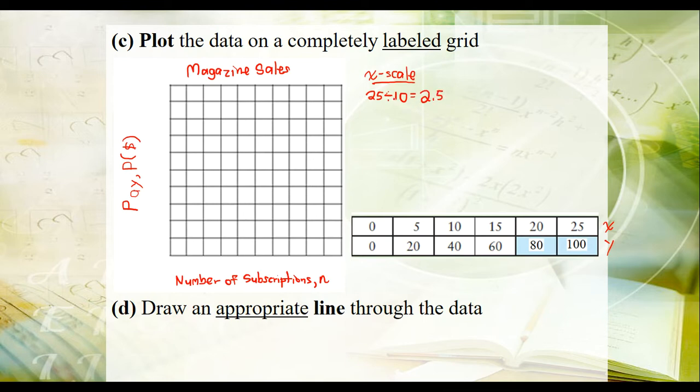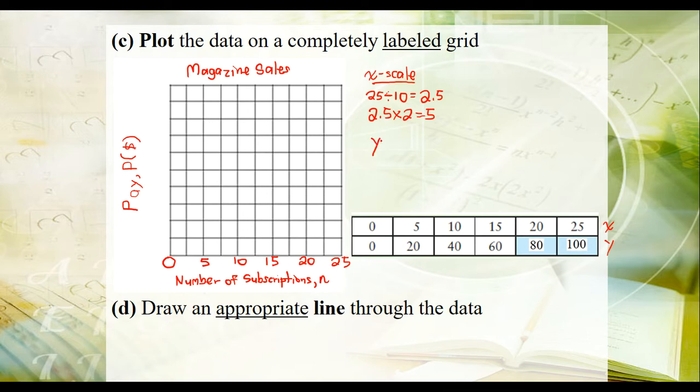But we're not going to label every single grid line. We're going to go up by 2s, so we're going to double that number. 2.5 multiplied by 2 would be 5. Therefore, we're going to go 0, 5, 10, 15, 20, and then 25.